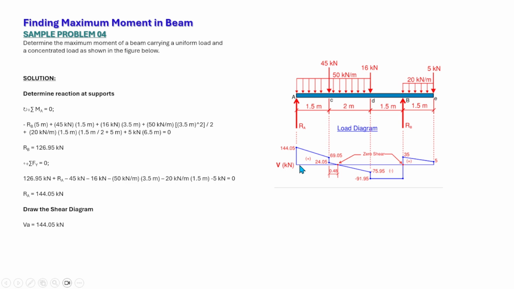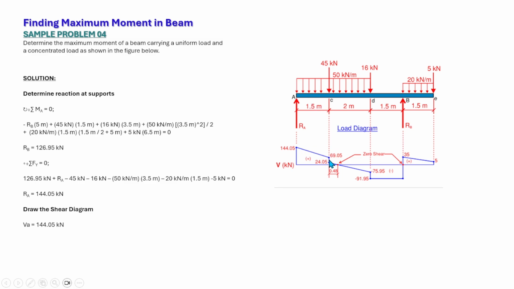So at point A, shear at A is equal to the reaction at A, which is equal to 144.05 kilonewtons. Now between A and C, we have a uniform load downward. So in the shear diagram, we have a linear first degree and negative slope. That is negative slope for uniform load.